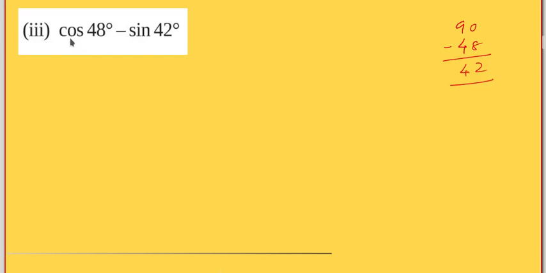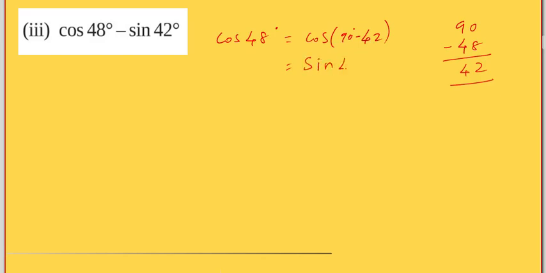Cos 48 degree, how can we write? We can write 90 minus 42 to become 48. So cos 48 equals cos of 90 minus 42. Now cos of 90 minus theta is sin theta, so cos of 90 minus an angle becomes sin of that angle.